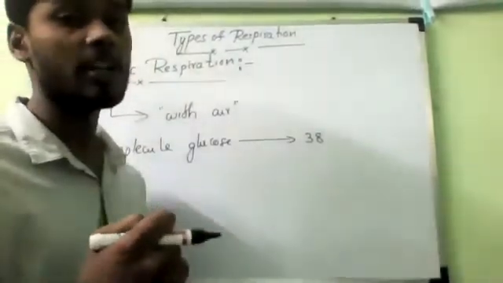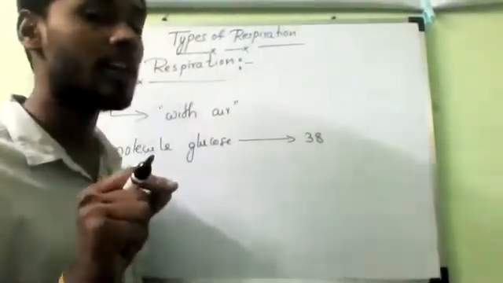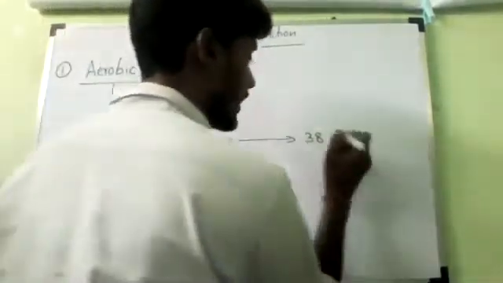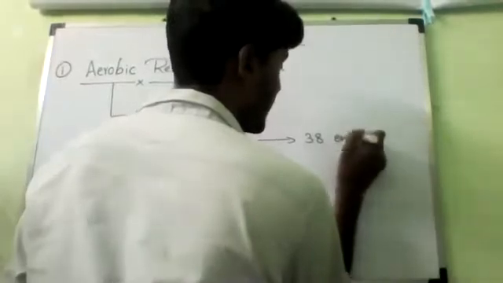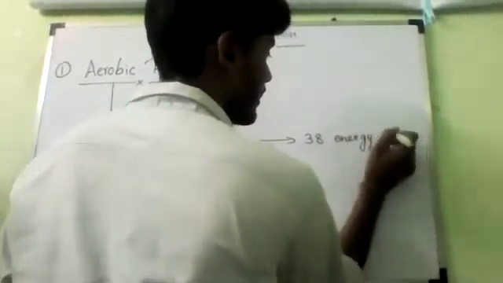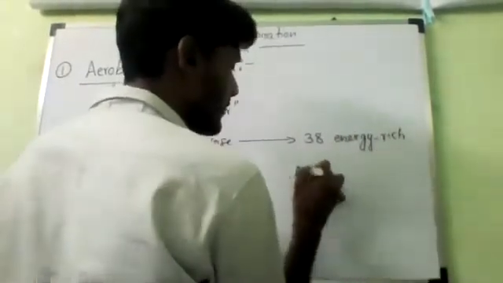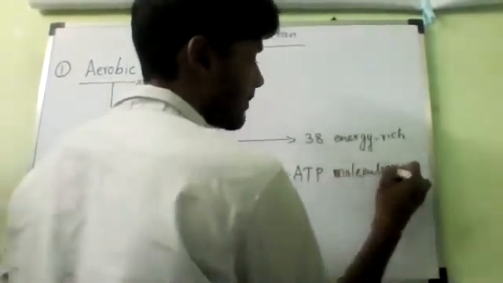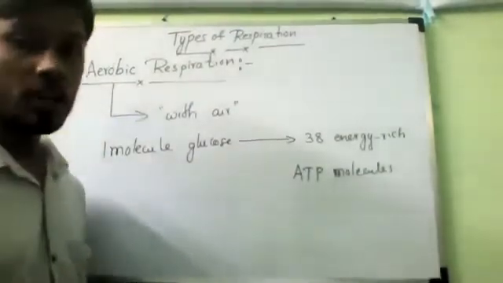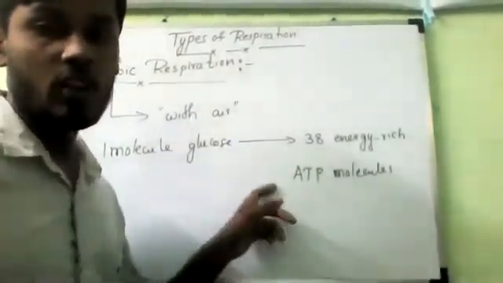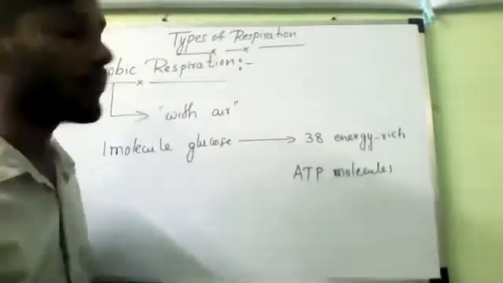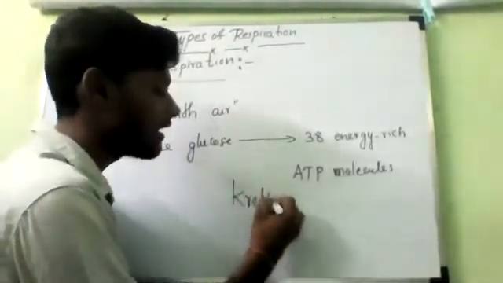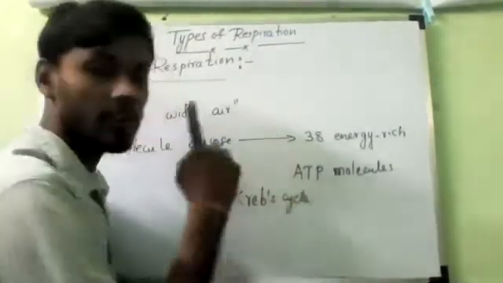Less energy molecules are called ADP molecules, and energy rich molecules are called ATP molecules. So we get 38 energy rich ATP molecules formed. This formation of energy is called the Krebs cycle. That is what we have written there.